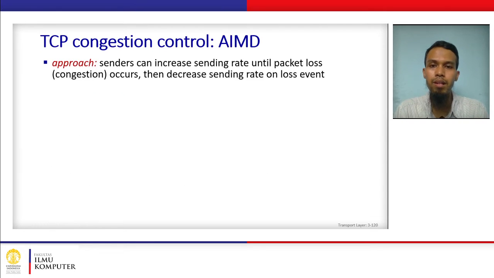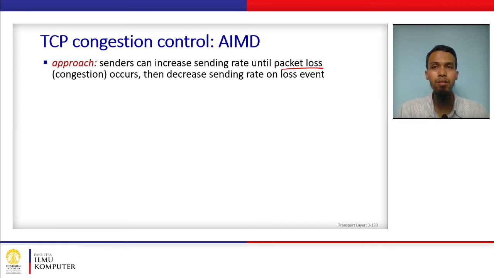Now let's go to the actual TCP congestion control. The very basic congestion control approach by TCP is called AIMD. This stands for additive increase and multiplicative decrease. Why is this called AIMD? Because the sender can increase the sending rate until it detects there is a packet loss.